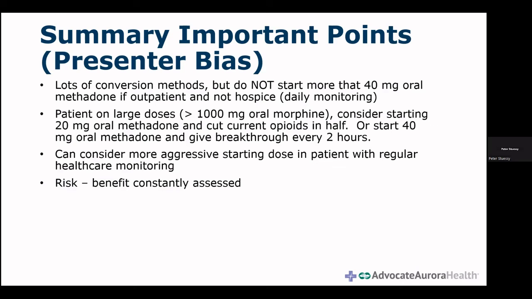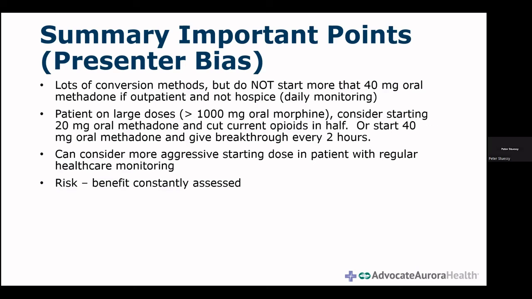Can consider more aggressive starting dose in patients with regular healthcare monitoring, such as that case 3. And constantly you're assessing risk benefit for these patients. If they are having acute pain and it's just getting really bad in those first couple of days, I have seen titrations within just a couple of days, moving from 5 twice a day to 5 3 times a day, to then a couple days later moving up.